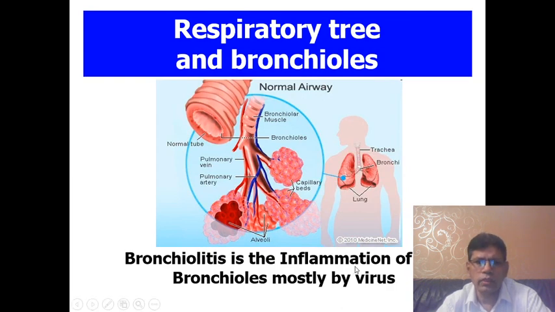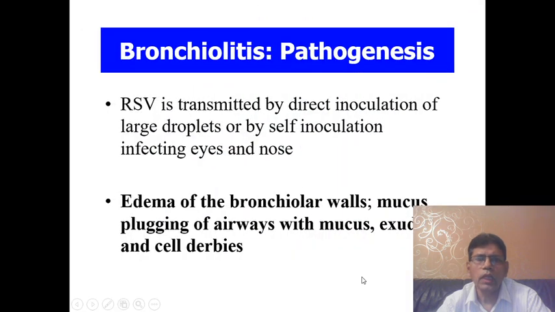Bronchiolitis is the inflammation of the bronchioles, mostly by virus. And RSV is transmitted by direct inoculation of large droplets or by self-inoculation infecting eyes and nose, like coronavirus.